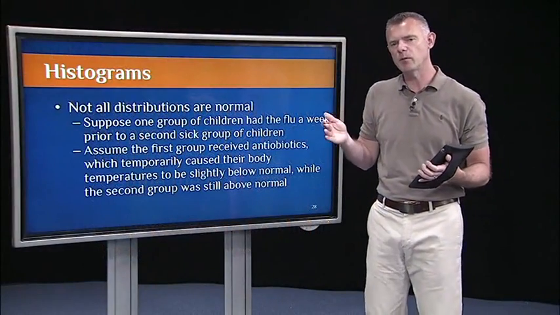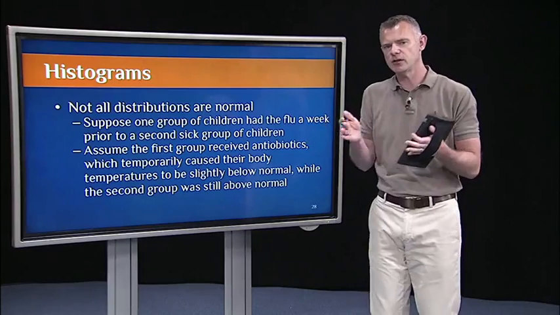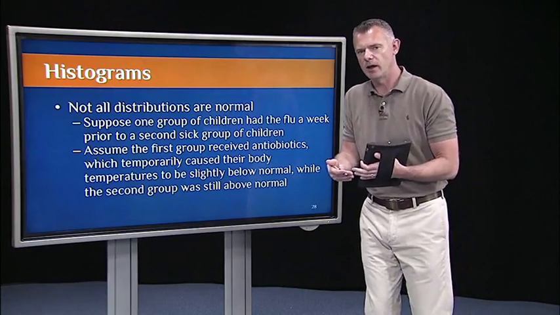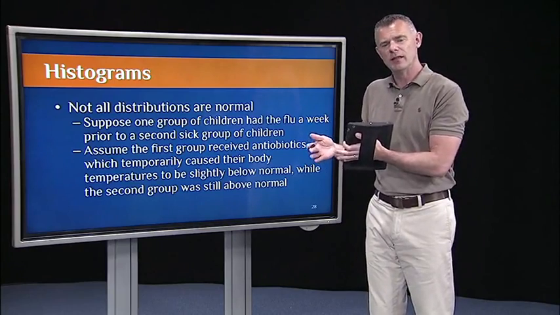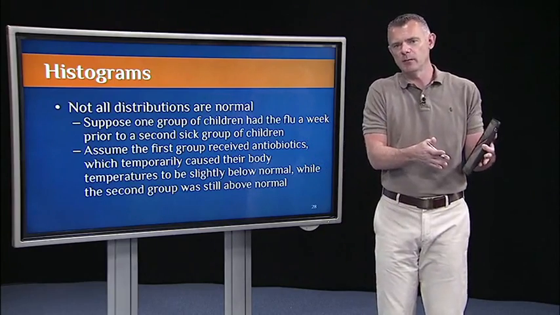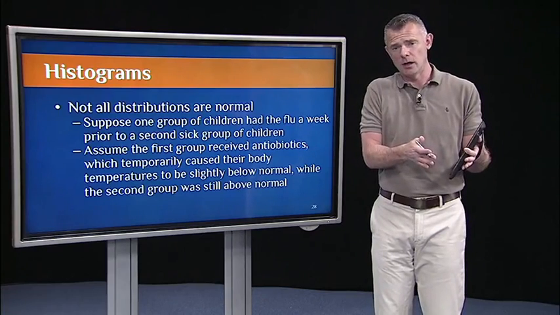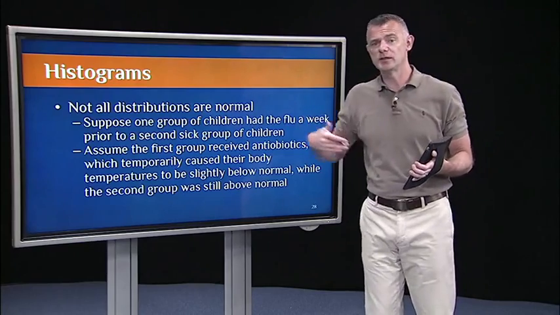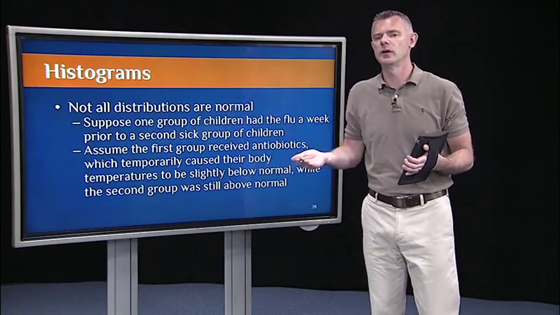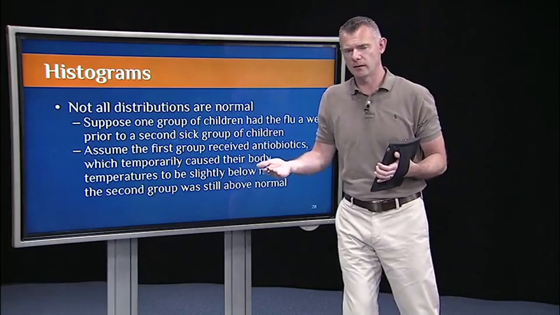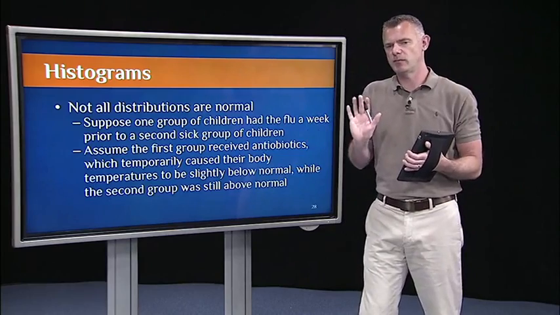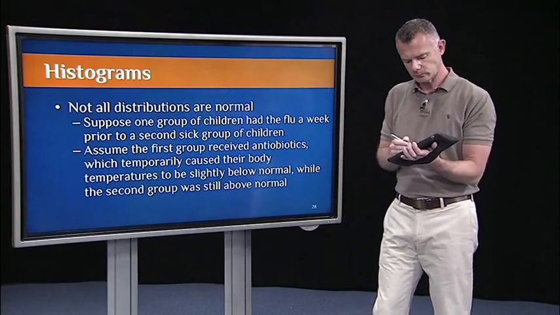And one thing that can happen with antibiotics is it can actually suppress your body temperature a bit. So after getting the antibiotics, that group of children, their body temperatures might be a little bit below average relative to normal. And then let's compare them to a second group, a second classroom of kids who also got infected with the flu, but maybe, say, a week later. So their body temperatures are still high.